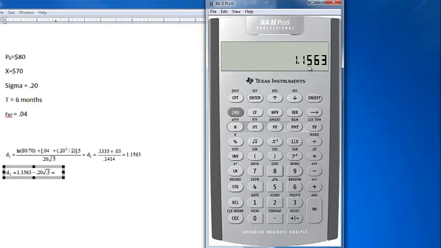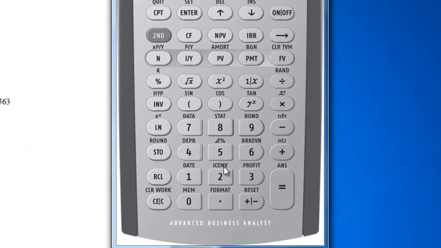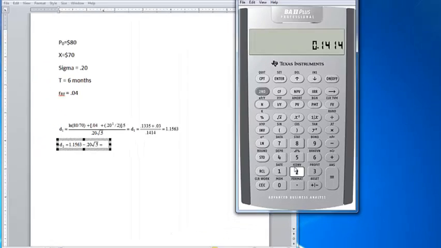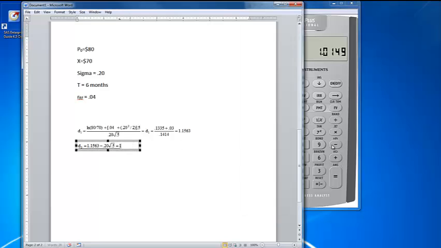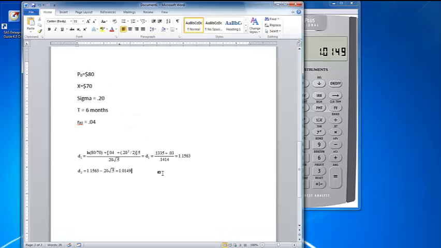So we have 1.1563. I'm going to store that. 0.5 square root, so I'm calculating this, multiplied by 0.2 equals 0.1414. So I'm going to take the 1.1563, subtract out the 0.1414 to get 1.0149. And now we need to determine what ND1 and ND2 are.